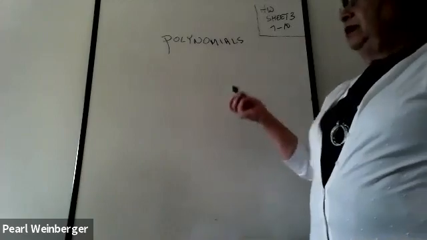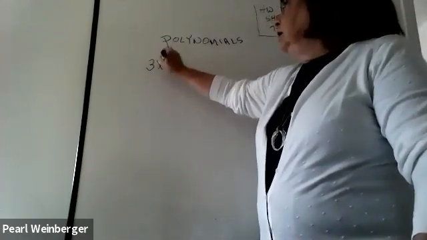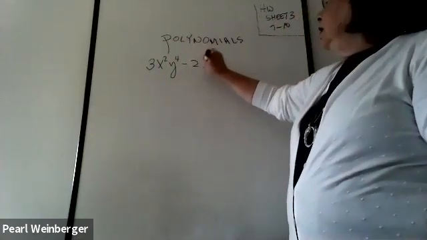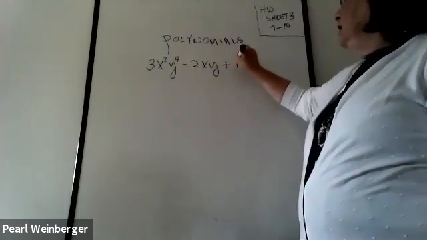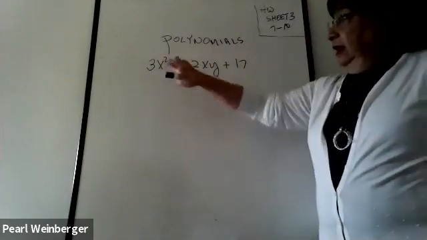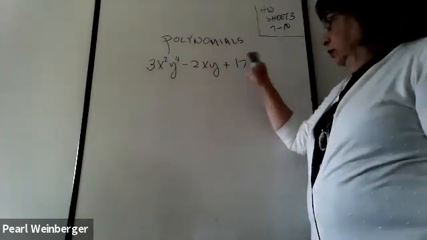Now, a polynomial is something like this. Let's say I have 3x squared y fourth minus 2xy plus 17 would be an example of a polynomial. It has, in this case, 1, 2, 3 terms.